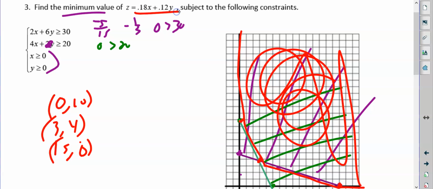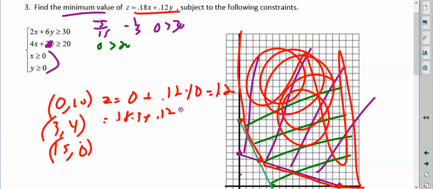And we're going to plug it into this equation here. So z equals, that's just going to be 0, plus 0.12 times 10, which is 1.2. And then we're going to have 0.18 times 3 plus 0.12 times 4. We just type that in our handy dandy calculator.